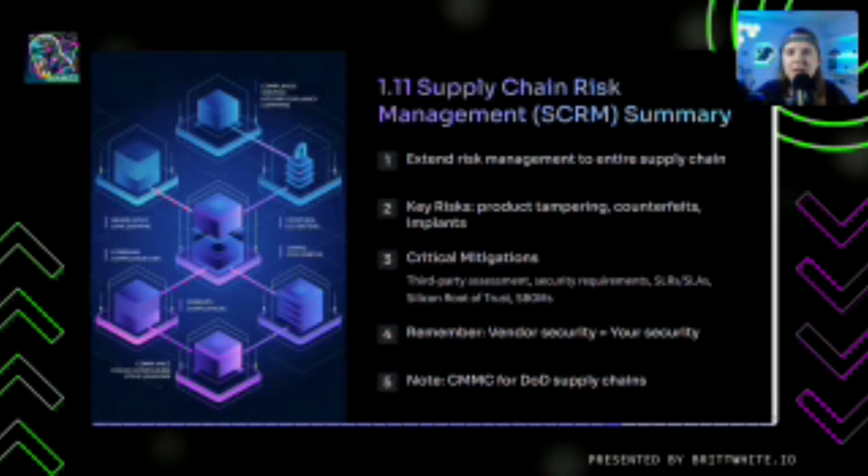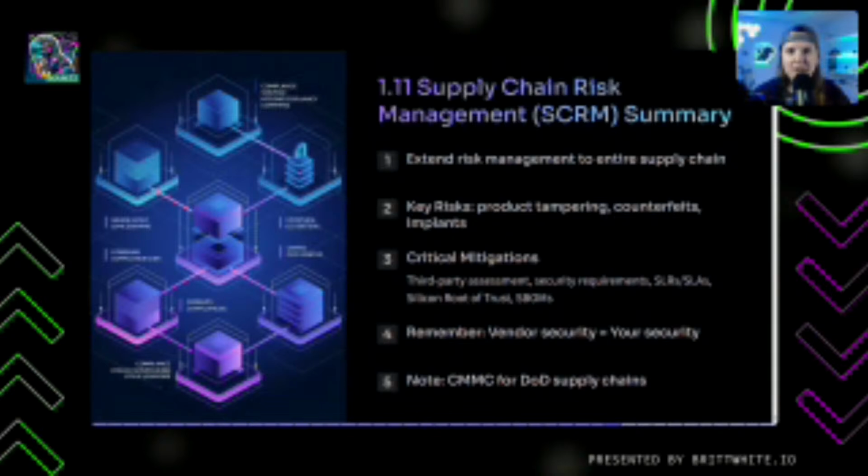Remember that vendor security is your security. Accountability cannot be fully outsourced, even when you're using third parties. SCRM is ongoing, dynamic, and critical to overall security. For organizations working within the US DoD supply chain, remember, there's frameworks like the Cybersecurity Maturity Model Certification, or CMMC, that are specifically designed for DoD supply chain security.